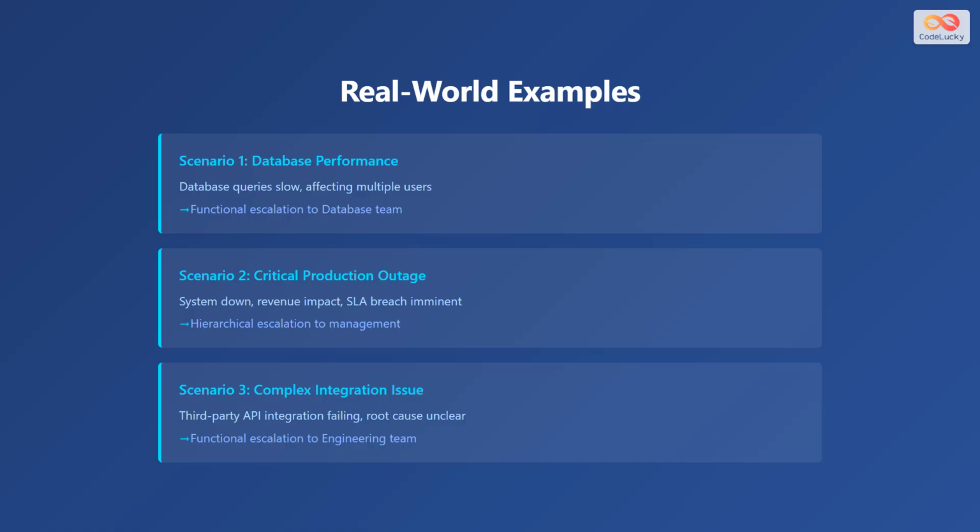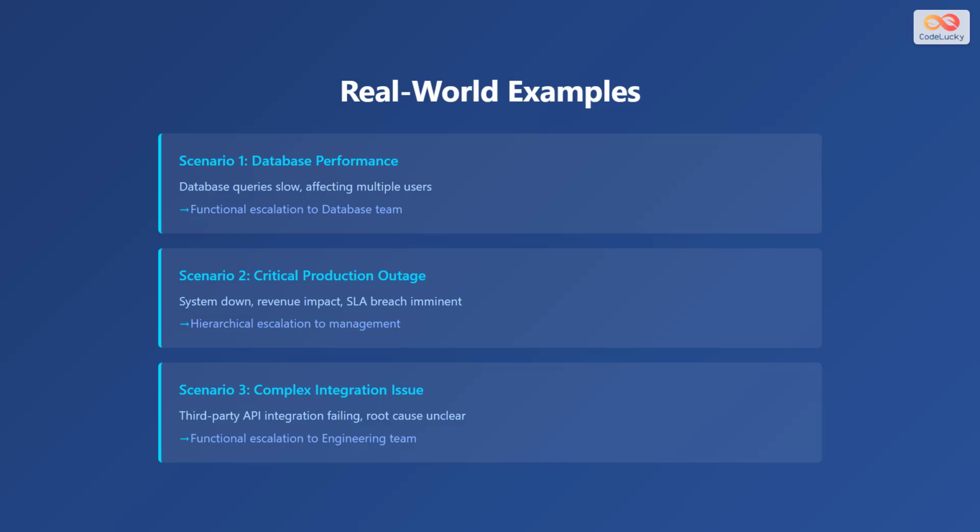Let's look at practical scenarios. Scenario 1, a database is performing slowly and affecting multiple users. The support team has verified the issue but lacks database optimization expertise. This calls for functional escalation to the database team who can analyze query performance and optimize configurations. Scenario 2, a critical production system is down, causing revenue impact and the service level agreement breach is imminent.